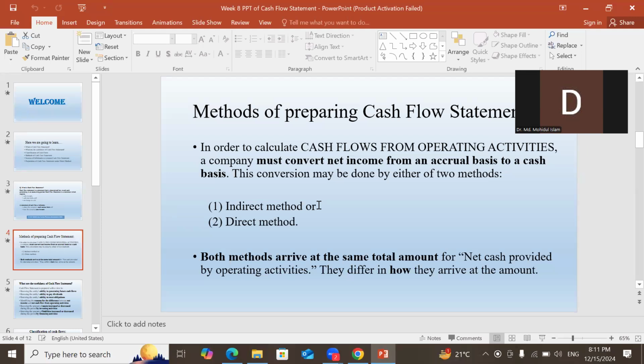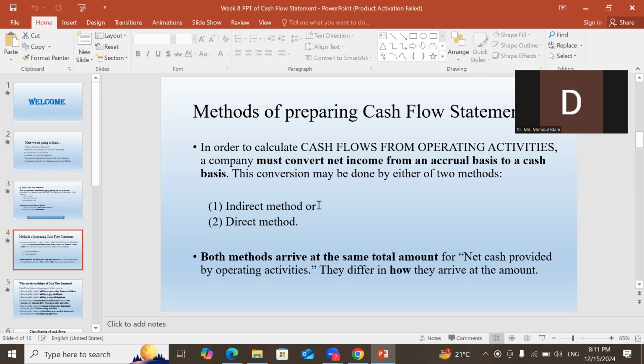Indirect method: just net cash. You assume the net cash, and then you try to find out the gross cash flow of the accounting year.